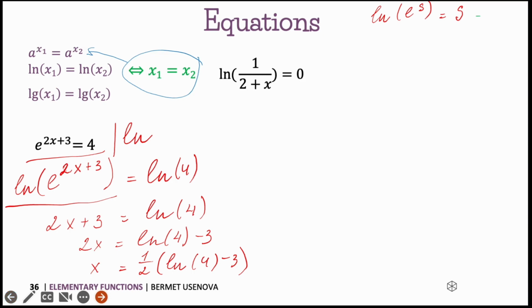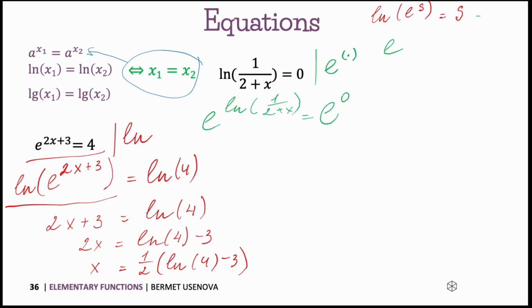If we have a look at the next equation with a natural logarithm, as I told you before, when we're dealing with natural logarithms, we use natural exponents. So we will put both sides to the power of e. Here we put our logarithm to the power, and 0 will also go to the power, and e to the power of ln u will equal u. It's by the definition of the logarithm.